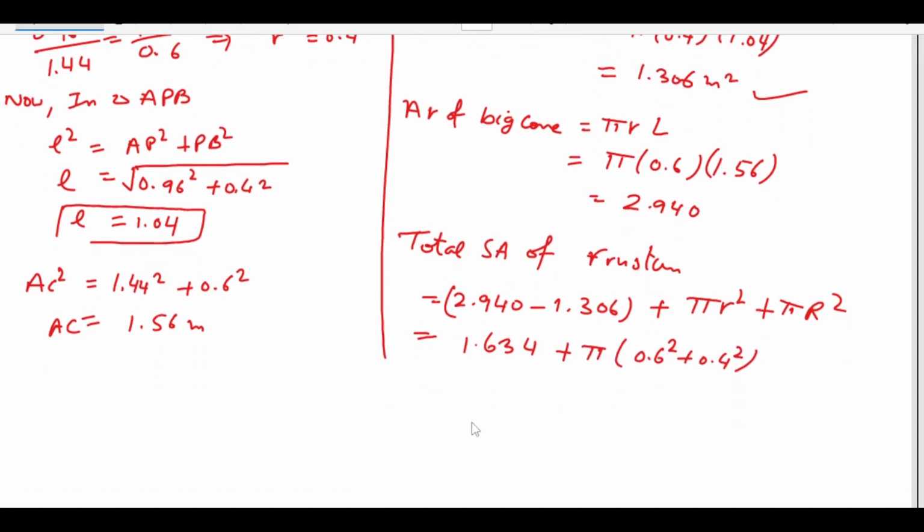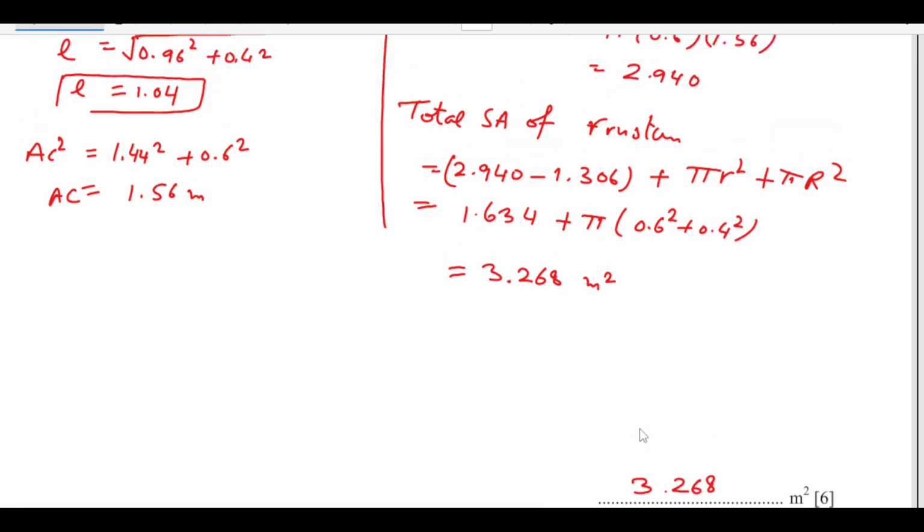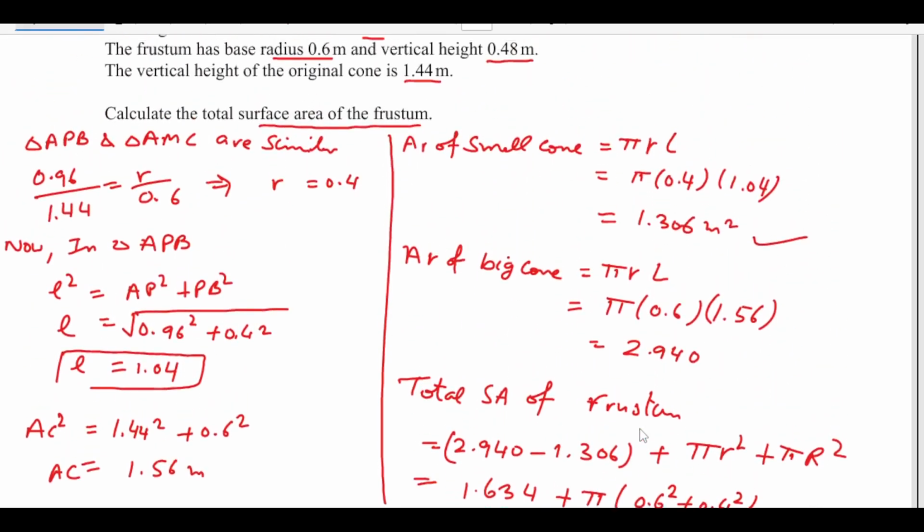Just plug in all the values and we get 3.268 meter squared, right? So that is the final answer, 3.268.